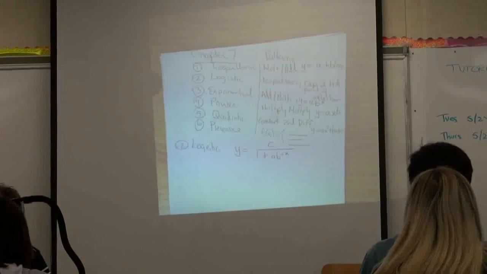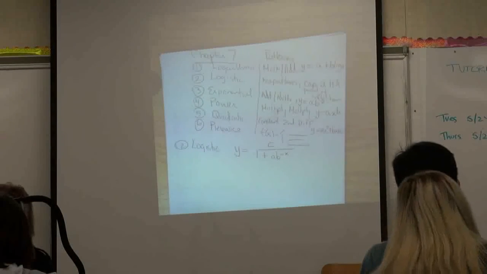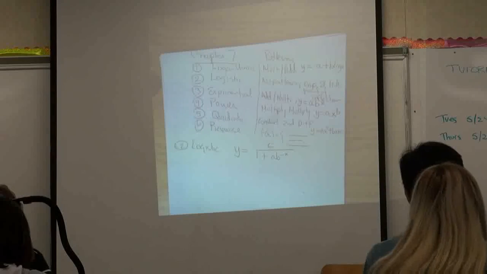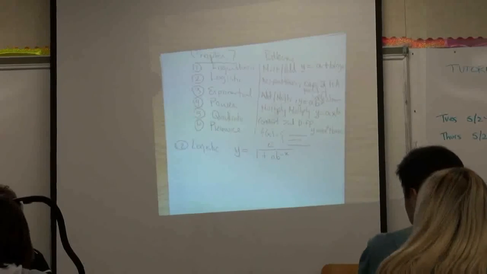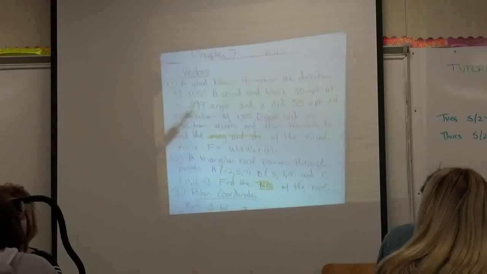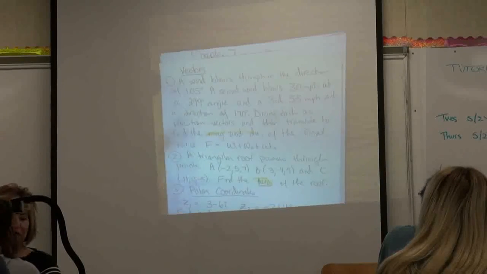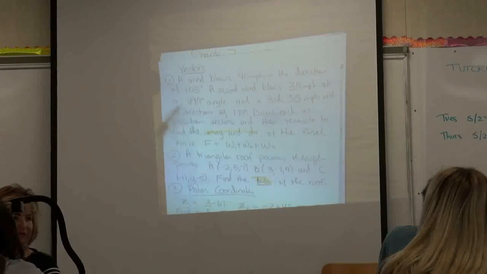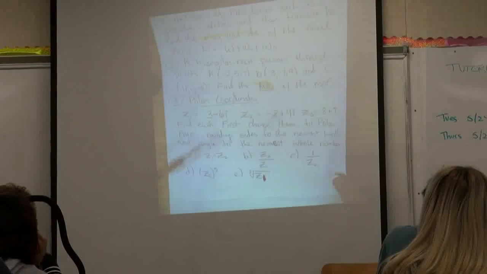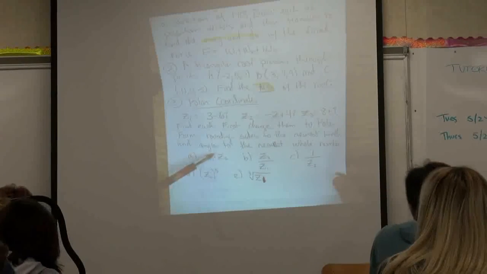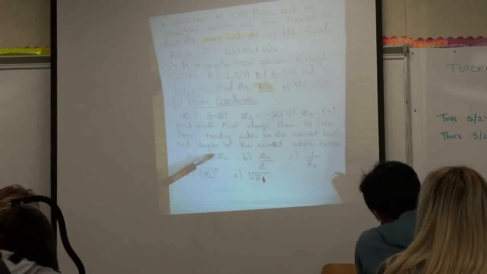If you think back to your tests that you've had, we already said that we saw things like this on the free response for vectors, right? And we definitely saw things like this on the free response for polar, right?